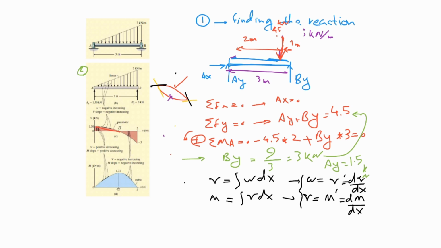Then I choose these black ones because I know my omega is here 0, and somewhere in the middle is a negative value, and this slope here is 0 and this is a negative value.